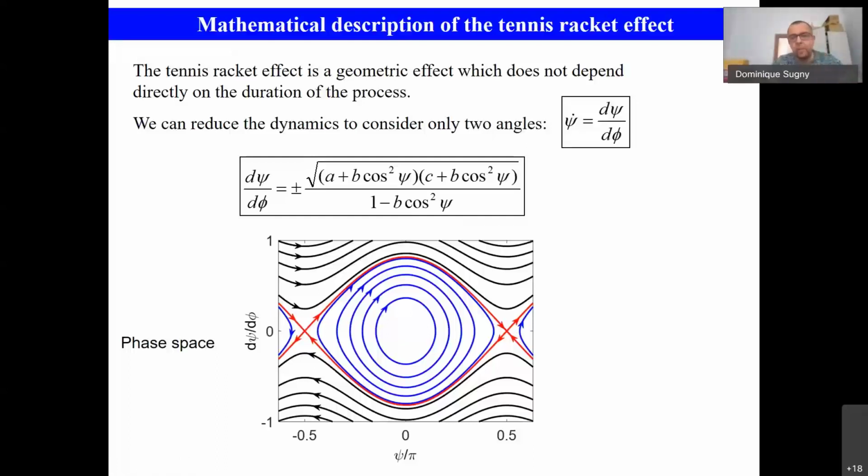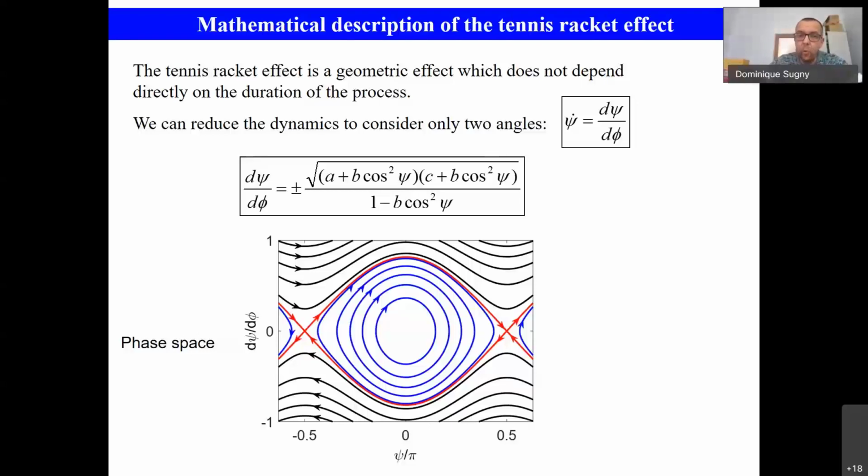Okay, so with some simple algebra, we can arrive at an equation where this momentum can be expressed as a function of psi and of the 3 parameters, A and B, which describe the shape of a rigid body, and C, which corresponds to the distance to a separatrix.